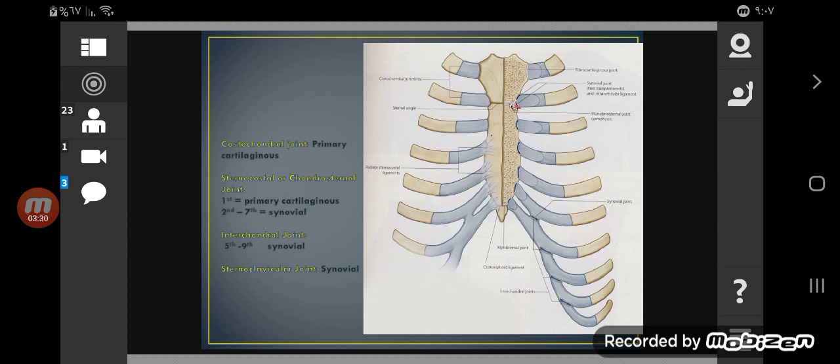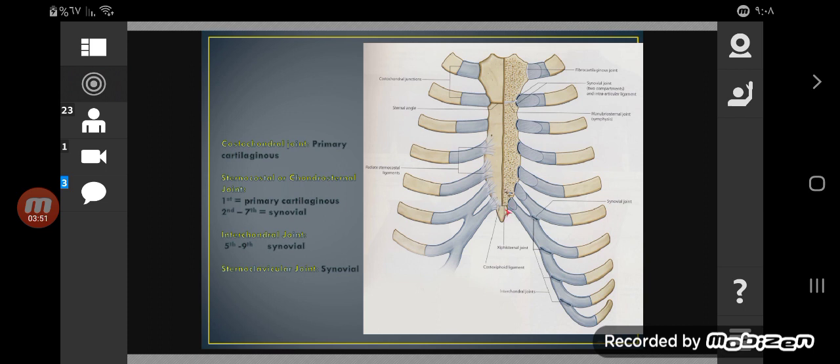One by one, I will explain for you. The manubriosternal joint is a symphysis, and the xiphisternal joint is a symphysis in most of the books. But some books believe the xiphisternal joint is a primary cartilaginous joint.